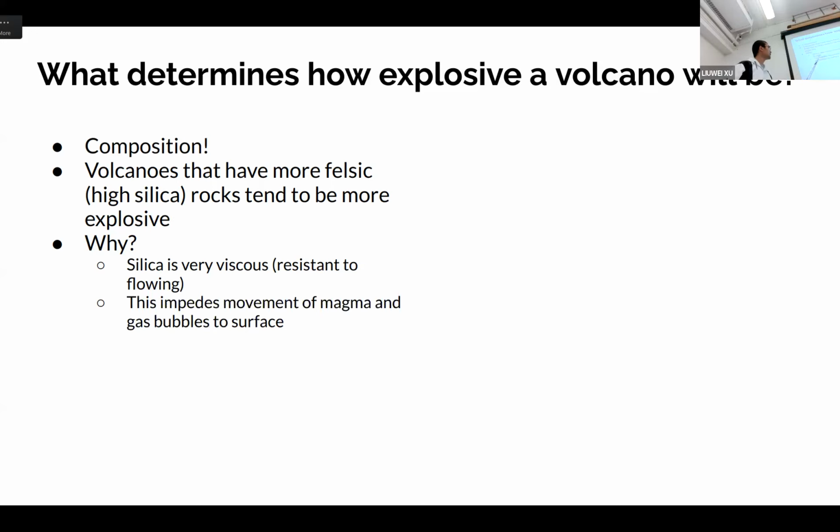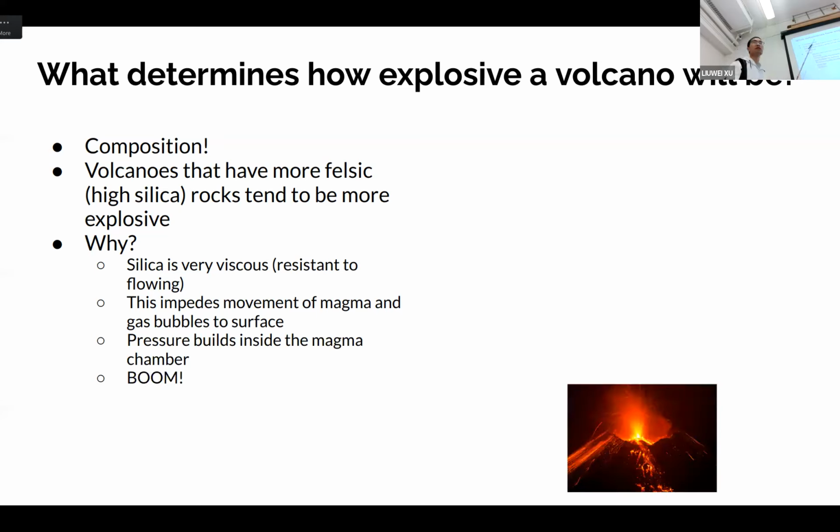This high viscosity impedes the movement of magma and prevents gas bubbles from reaching the surface. Then the pressure builds inside the magma chamber because it cannot flow out. But finally, after it has enough energy, it will overcome the resistance and have this kind of explosive eruption.